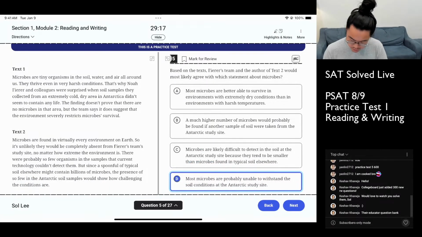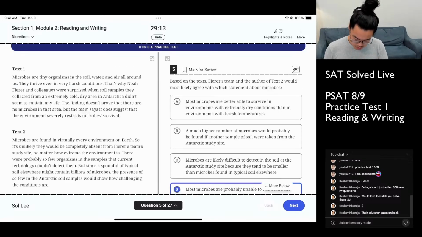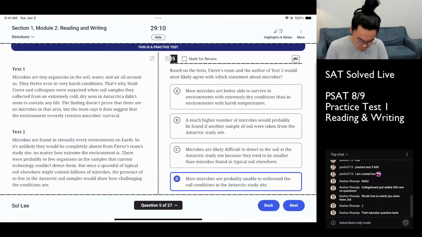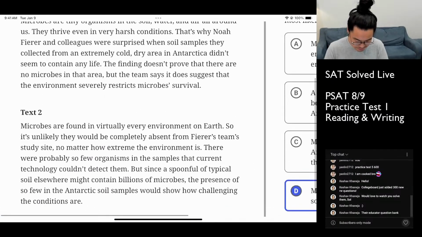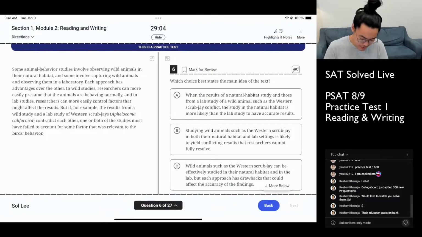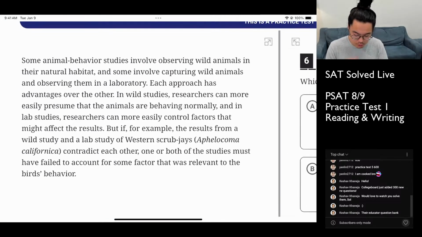Yeah, has to be D. A, B, and C are all wrong. Most are unable to withstand. This whole most thing is only. It's like we have to. That's like an inference that we don't have directly from the text, so it's bothering me a little bit.